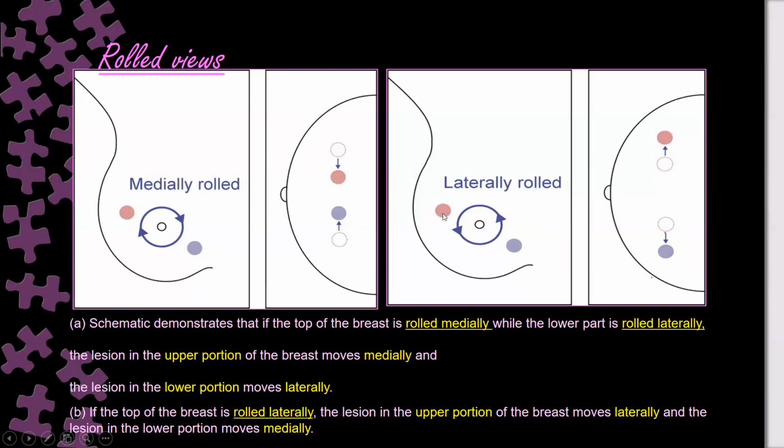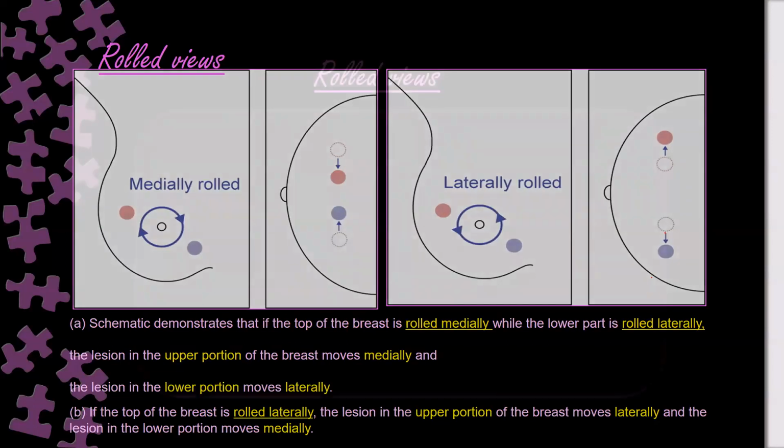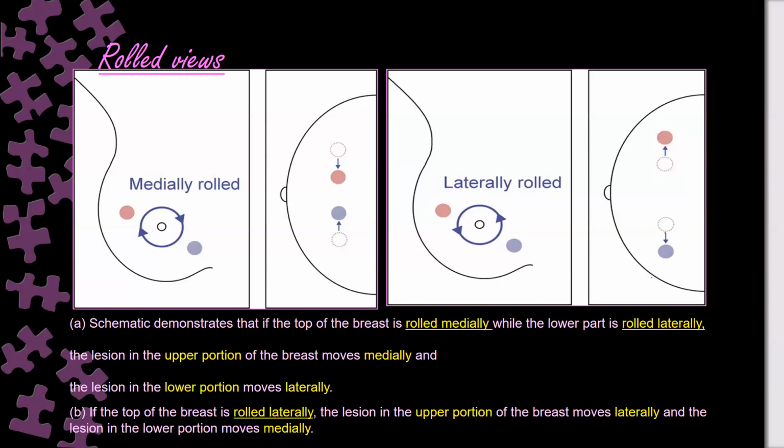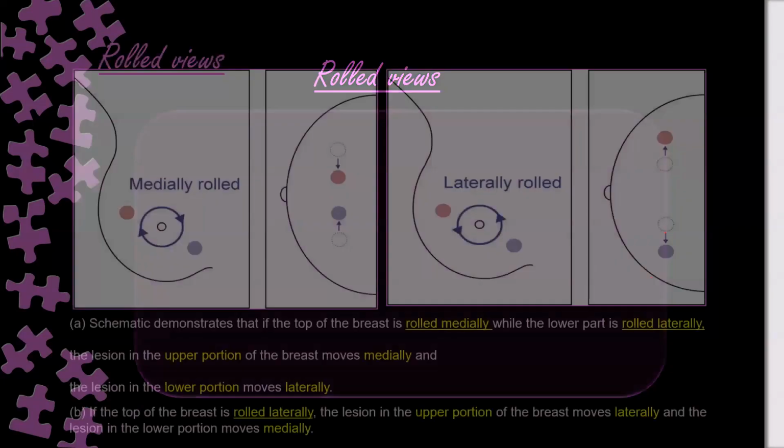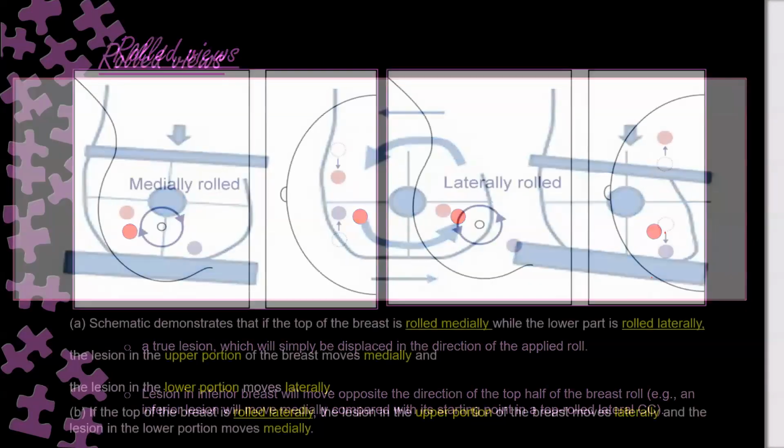And the lesion here is lateral, so it will be pushed more laterally. Okay, and when I'm pushing medial, and this lesion is medial, I'll push it more medially. Is it clear? Okay, clear, or are you confused?